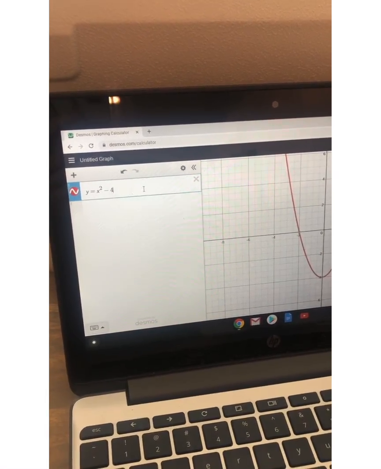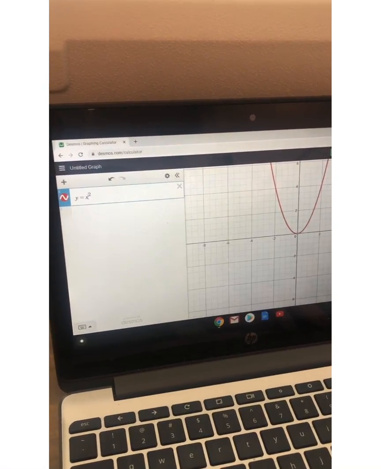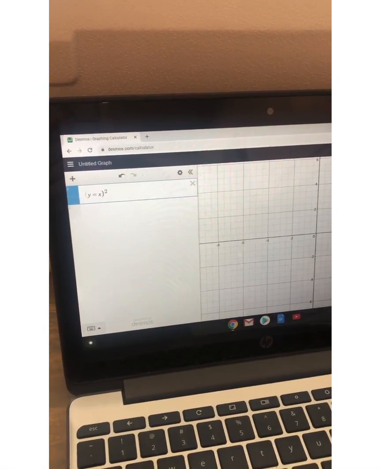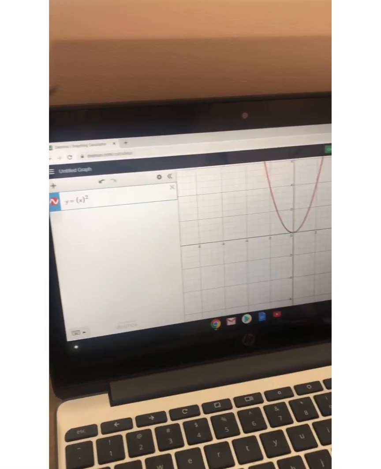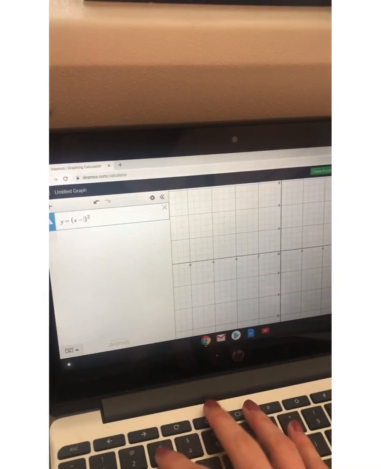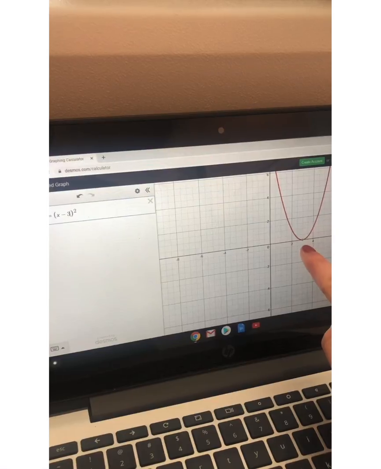And then you could also move it left to right. This one will be a little different. You have to change the equation. So if I do x minus 3, it moves to the right 3 units.